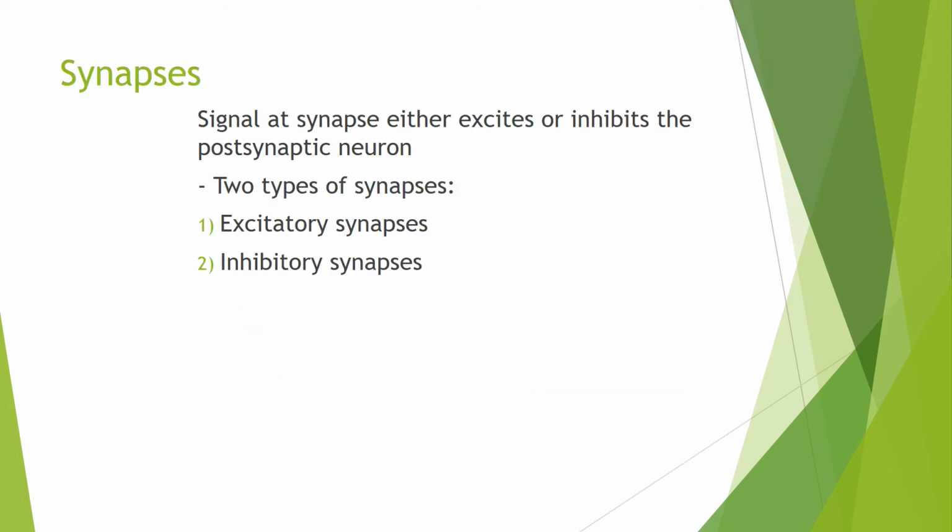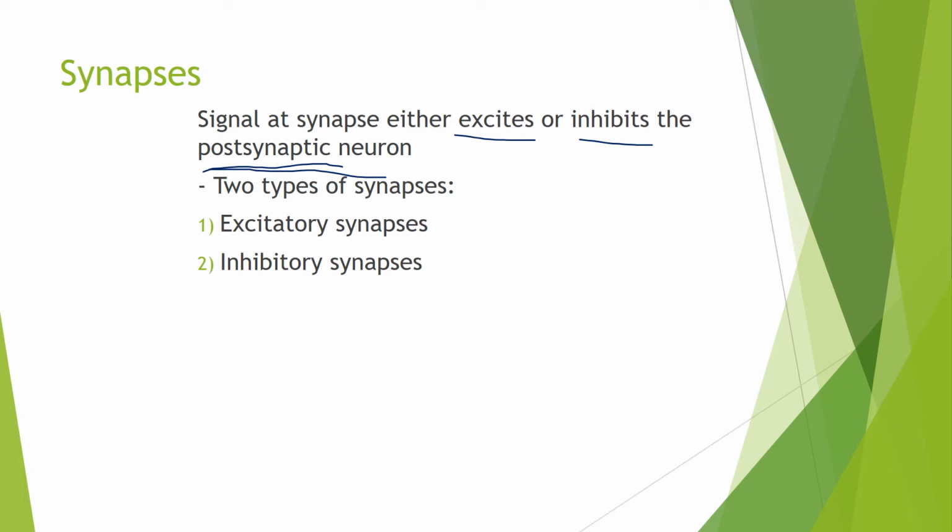There are two types of synapses that we have. Either they're going to be excitatory or inhibitory. This means that it's either going to excite that postsynaptic neuron or cell or inhibit that postsynaptic neuron or cell.